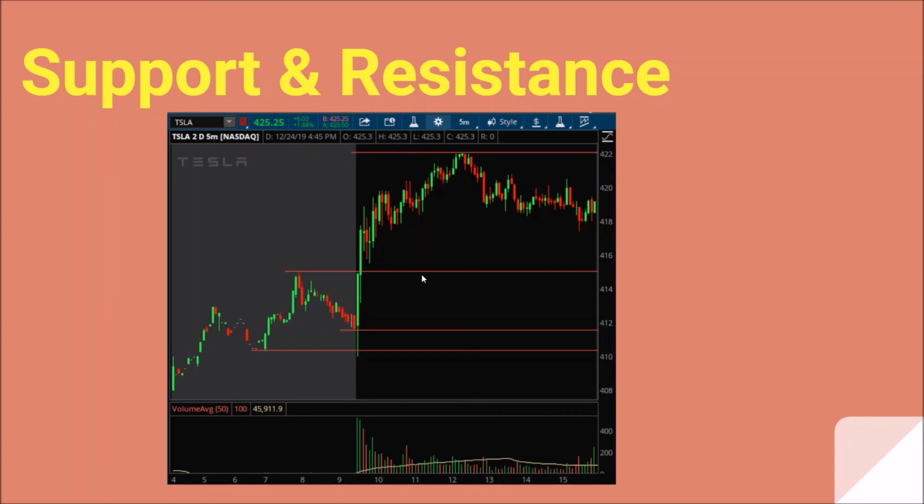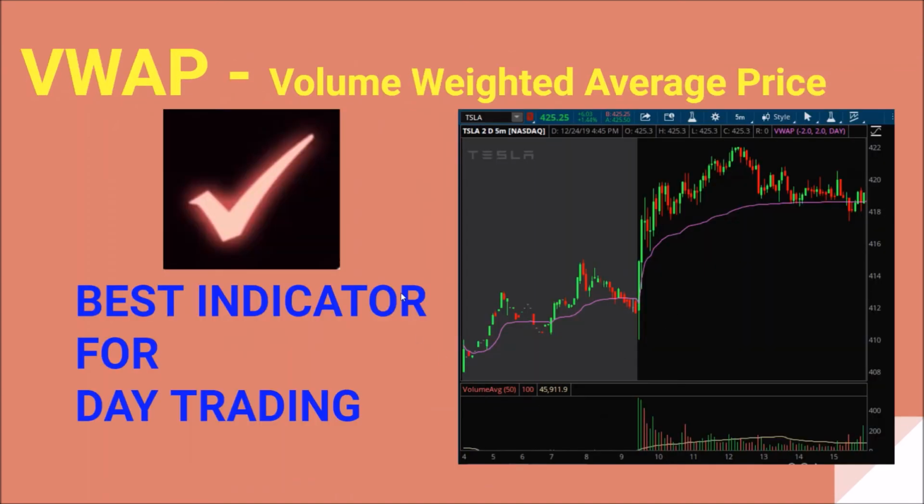So which one is the best indicator so far? We may have to use these indicators with some other indicators to get clear signals. But one best indicator is VWAP, volume weighted average price. VWAP is a single line, and when the price trades above VWAP, that means it's a long trade, and that means price is uptrending with VWAP acting as support.